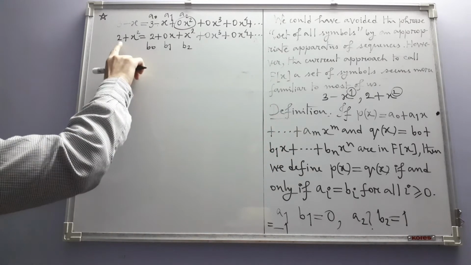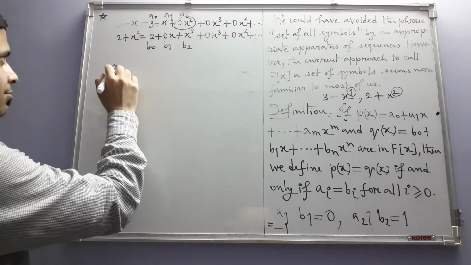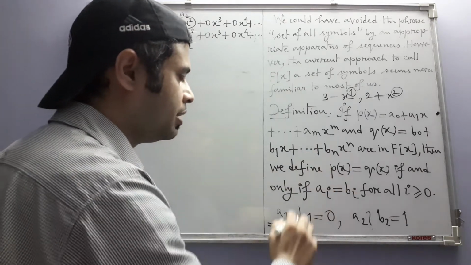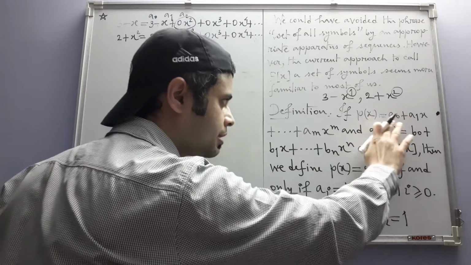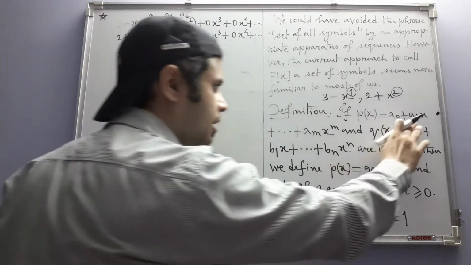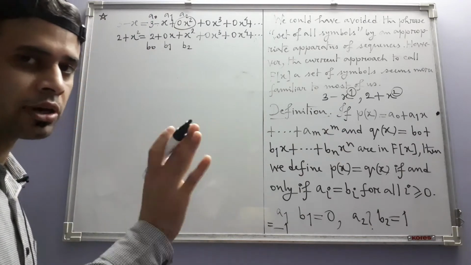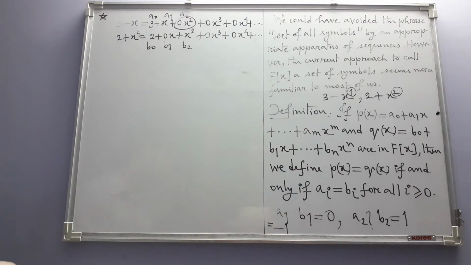In this sense, if you are interpreting a polynomial, you will see that every polynomial actually has infinitely many terms. If I want to call this a0 a term, a1x another term, as if this is a sum, this is not an actual sum because these symbols are not ordinary addition.